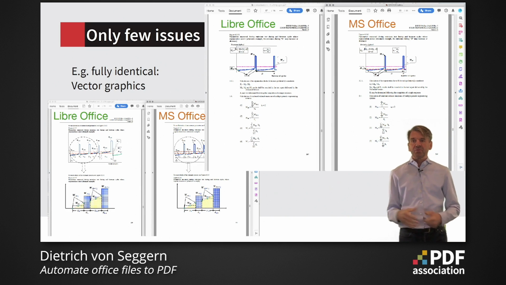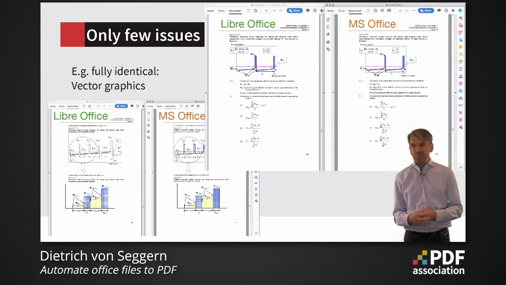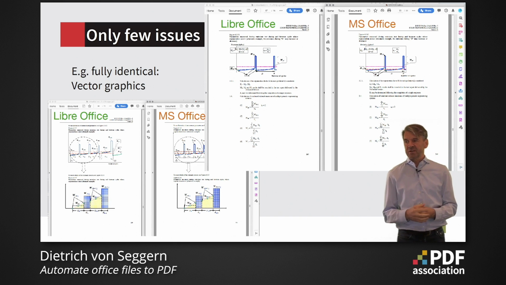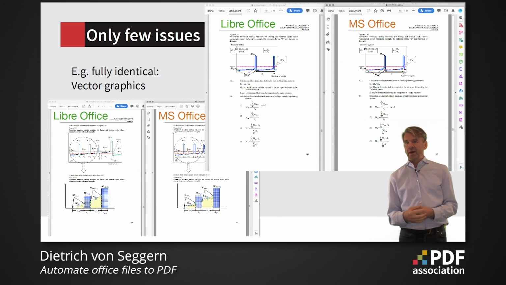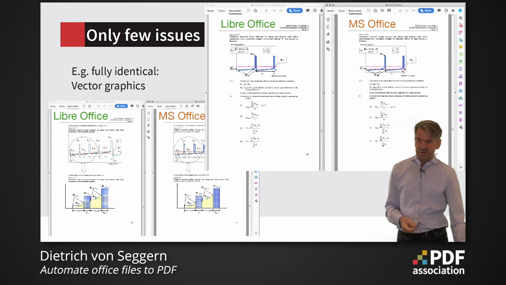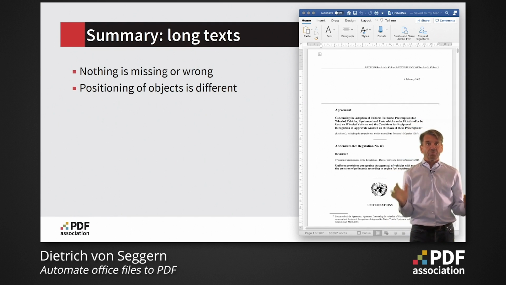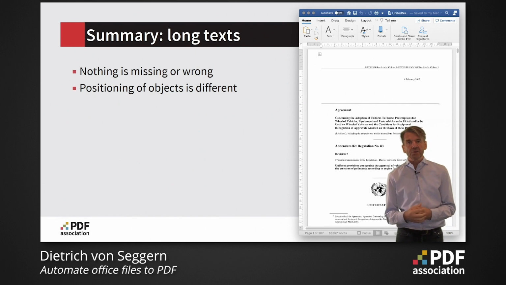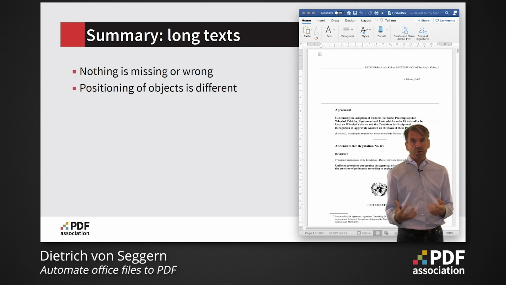But there are also very complex things, like here some vector graphics. It's not images, it's vector graphics, so you can modify these graphics in the Office application. And I couldn't find any differences on even that complex stuff. So to summarize this, there aren't any known real issues, not just in this file, but in general with LibreOffice.